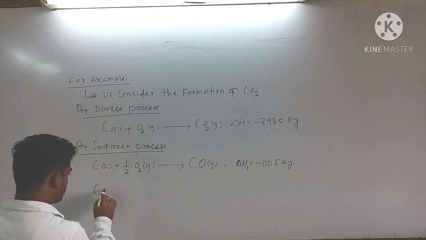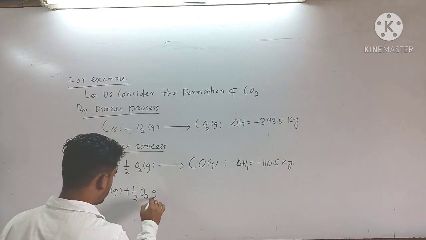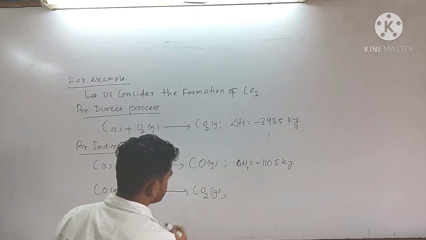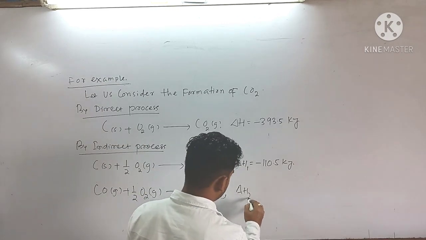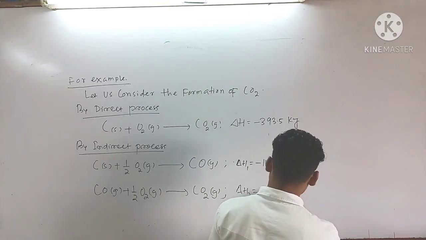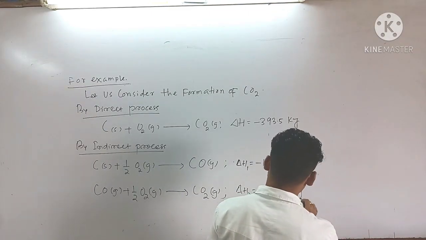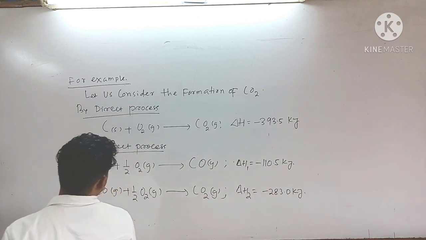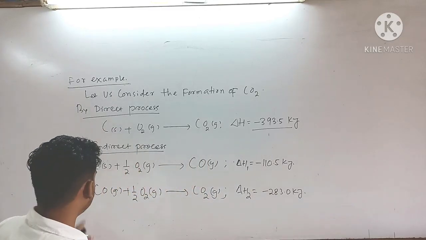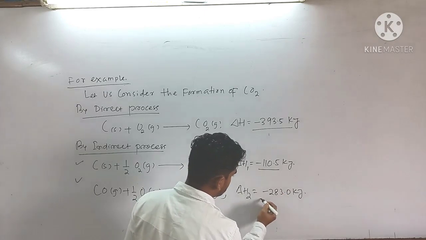Again this carbon monoxide gas plus half O2 gas gets converted into CO2 gas. Then here del H2 will be equal to minus 283.0 kilojoule. You see, in the direct process the value of del H is this much, and in the indirect process which occurs in two steps, the del H1 is this much and del H2 is this much.